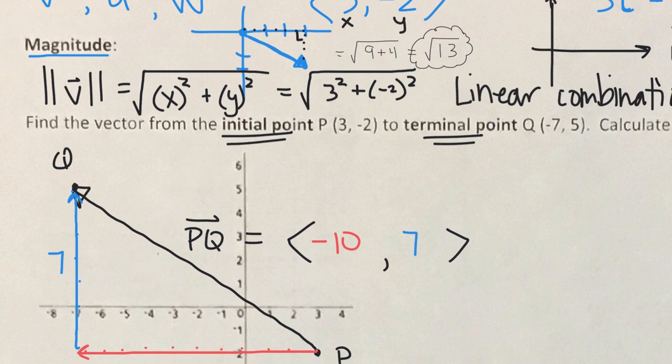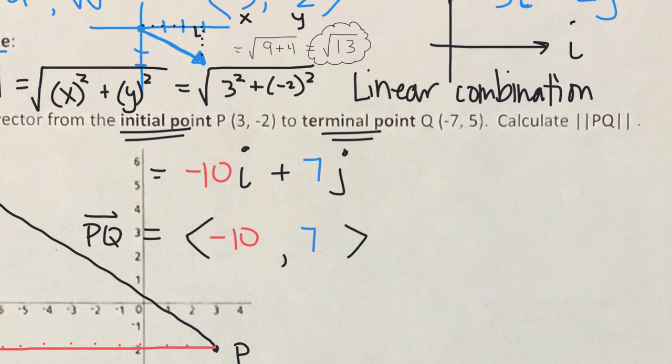That is the component form of our vector from initial point (3, -2) up to (-7, 5). As a linear combination with i's and j's, that would be -10i + 7j. So just another way to write it: -10i + 7j, or with chevrons, <-10, 7>.